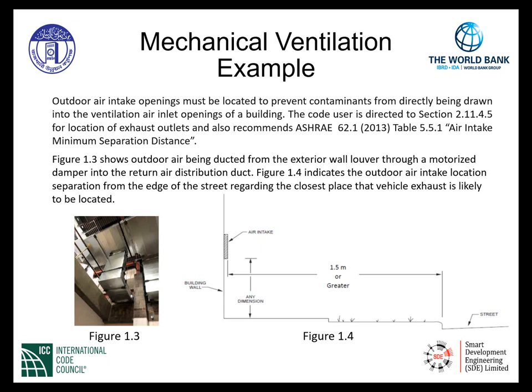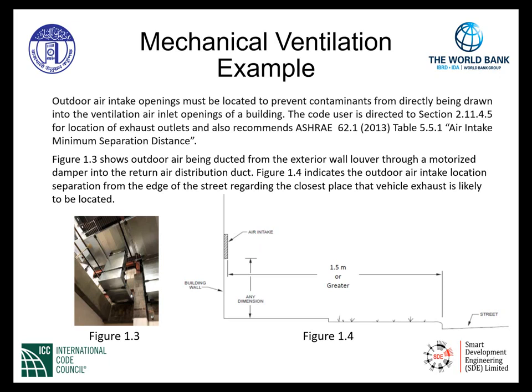So the code user is directed to section 2.11.4.5 of this code for location of exhaust outlets, and also recommend the ASHRAE 62.1 table 5.5.1 titled Air Intake Minimum Separation Distance for information regarding the separation of the air intake and any source of contaminants.